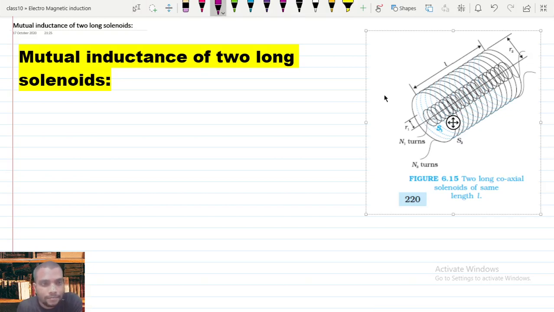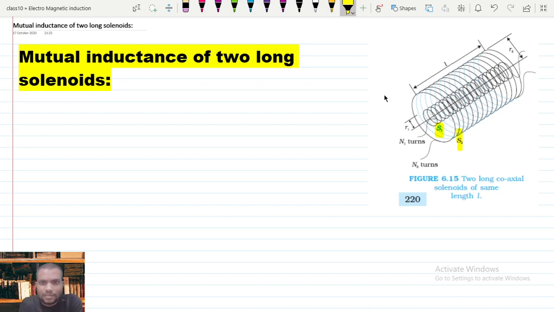Hi guys, let's find the mutual inductance of two long solenoids. Here two solenoids, S1 and S2, are wound or kept coaxially.